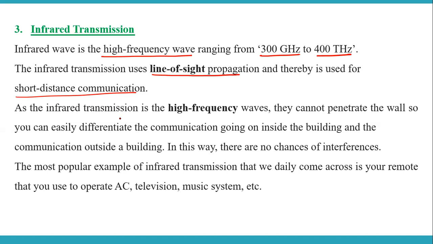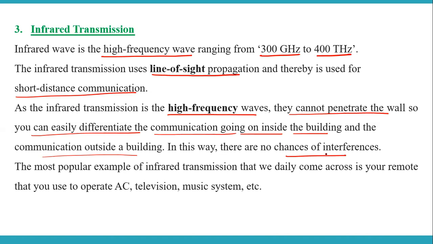As infrared transmission is the high frequency waves, they cannot penetrate the wall, so you can easily differentiate between communication going on inside the building and the one that is going outside the building. There is no chance of interference. जैसे most popular example of infrared transmission is daily जो आप remote use करते हो for operating your AC, for operating television, for operating music system. So this is an example of infrared transmission.